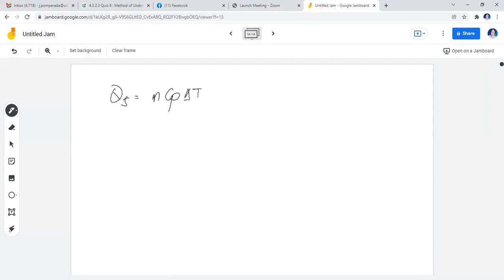If it's mCp delta T, you still need the M. If this Cp delta T will account for the sensible heat, the latent heat, and another sensible heat for your liquid water to be turned to water vapor, you still need this M. So I'm just asking, how will you find the amount of water evaporated?